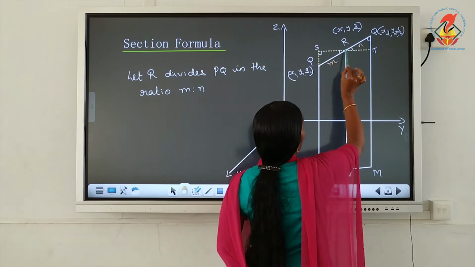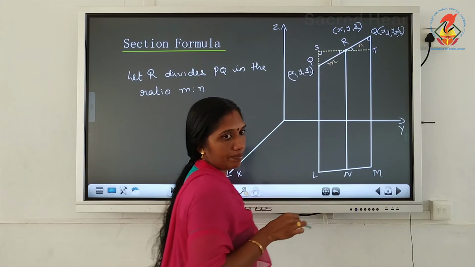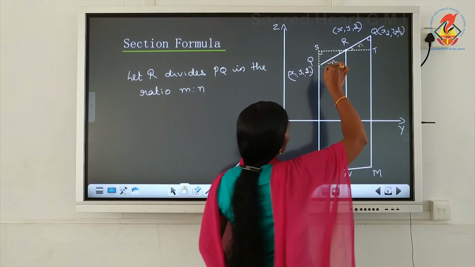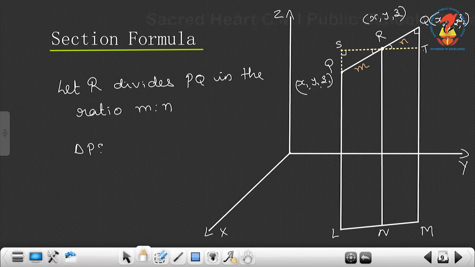So here we get two right angled triangles. Now consider triangle PSR and triangle QRT.